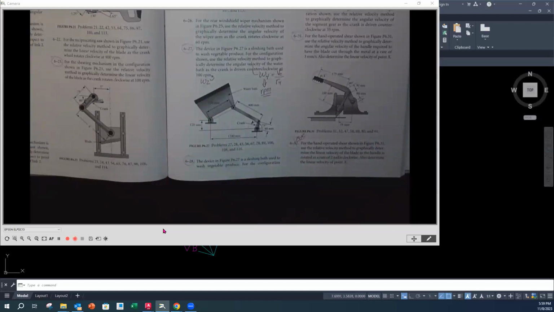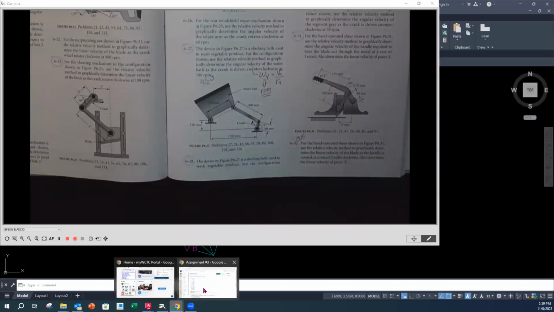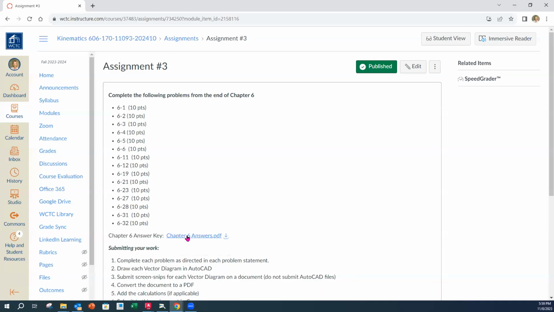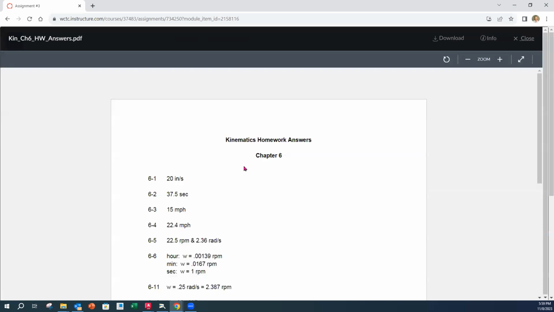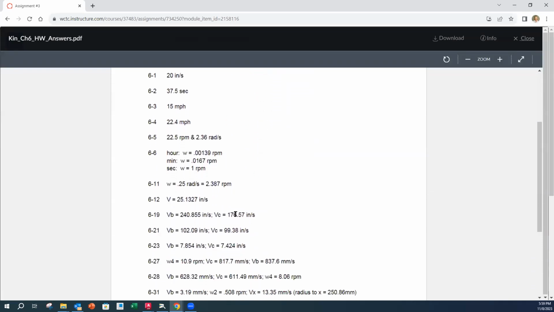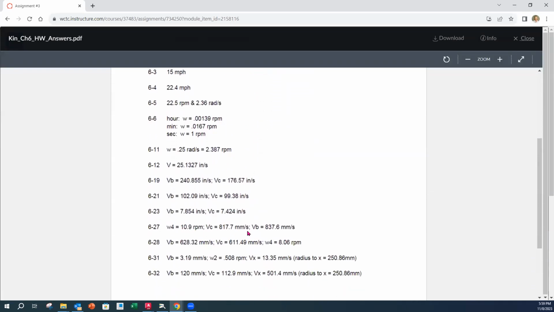So when I did that one for the velocity of C, I got really close to your answer. But I'm not sure if it's close enough. Yours was 611.49 millimeters per second, and I'm at 611.38 millimeters per second. For C, what was your number again?